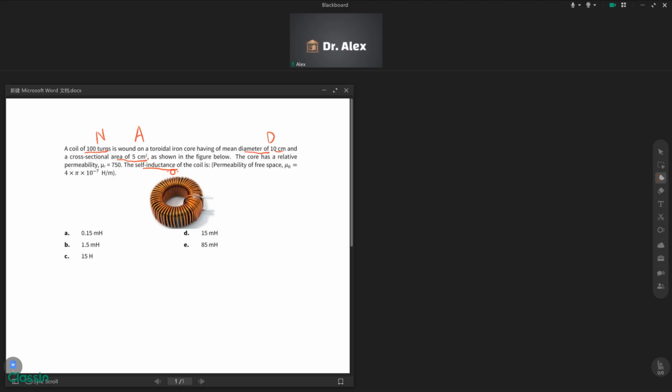So from the very beginning, we start from the definition of inductance, which is phi divided by I. Phi is a magnetic flux. Please remember this table I'm going to write. This is electric, this is magnetic. This is about the area, this is about flux, this is about flux density, this is about field intensity.